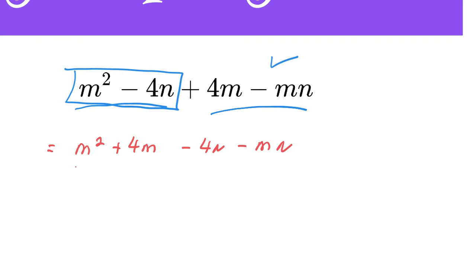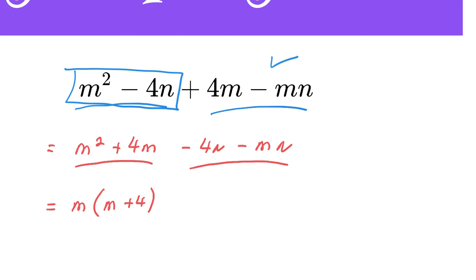This looks a bit nicer because I can see I have m's in common, and in the second pair I have an n that's common. So I'll do that. So in the first two terms, take out the m, I'm left with m plus 4. In the second two terms, I have to make a decision here. They're both negative. I can either take out a negative n or a positive n.